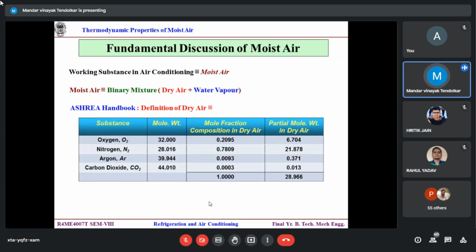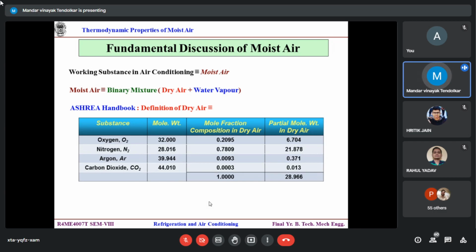Now here you should remember the molecular weight. The total mole fraction is 1. Oxygen, nitrogen, argon and carbon dioxide only are considered; the remaining things are suitably neglected because the traces are very, very small. Oxygen is 20.95%, nitrogen 78.09%, argon 0.93%, carbon dioxide 0.03%.